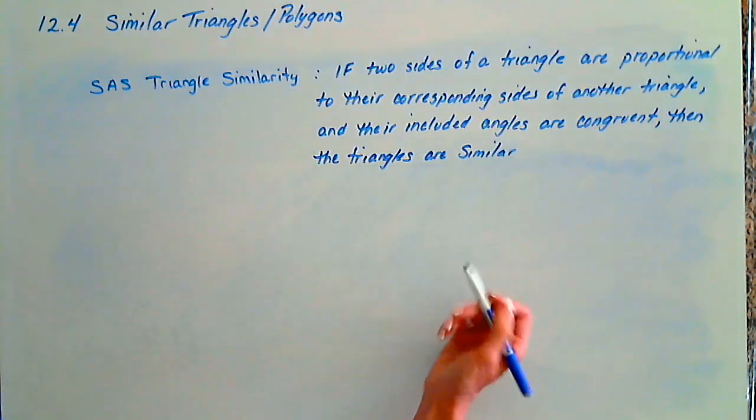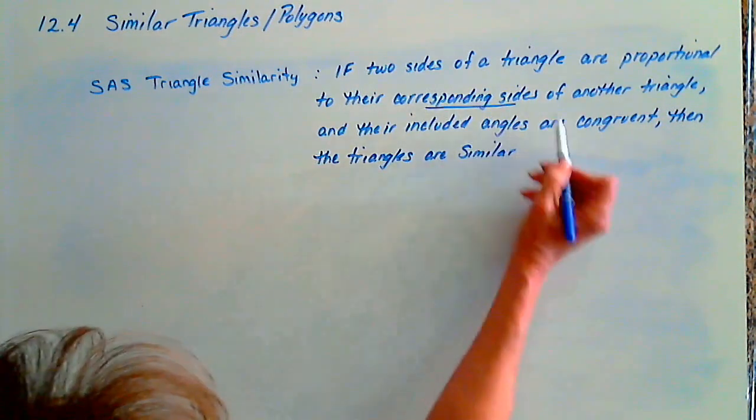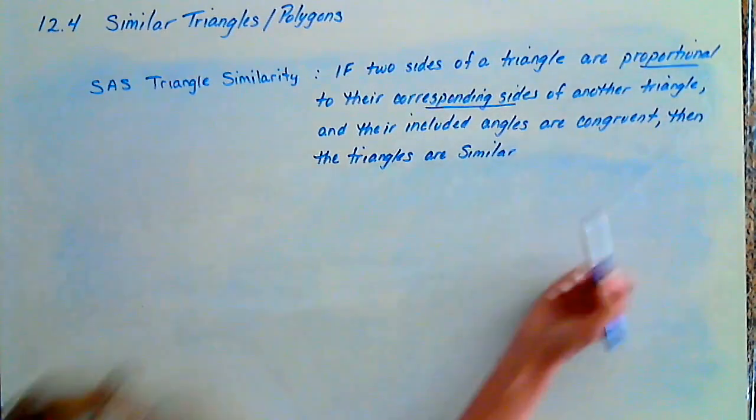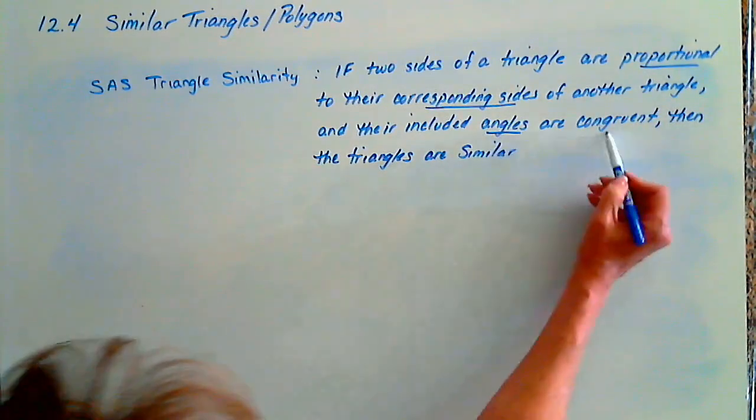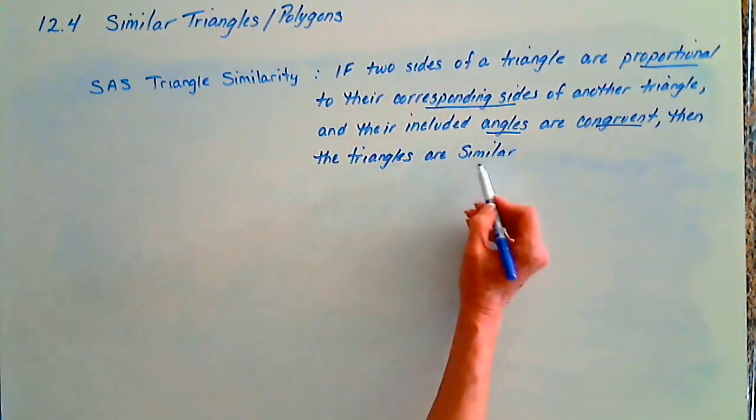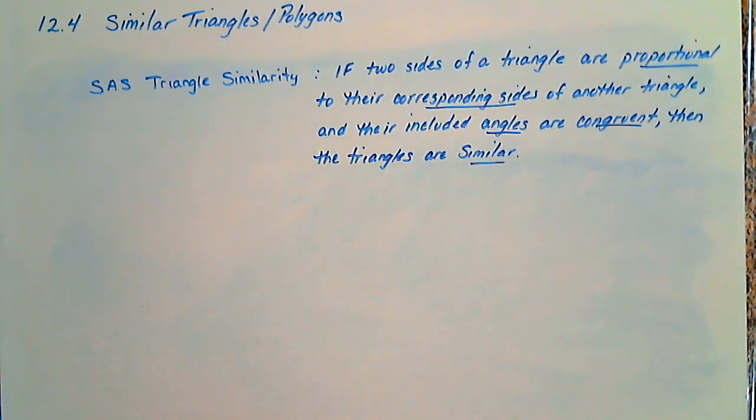So once again, we said our corresponding sides are proportional, and we said their angles are congruent. That's why we're proving similarity.